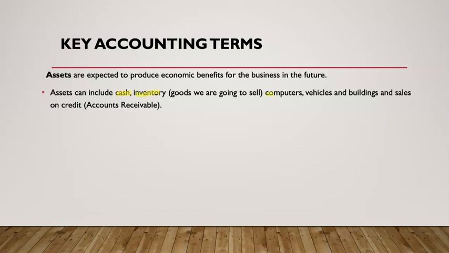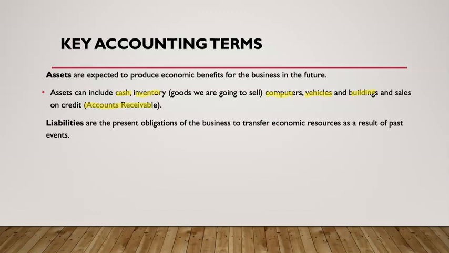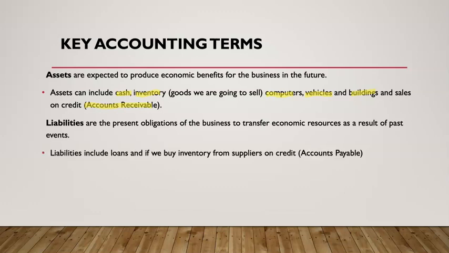And then non-current assets like computers, vehicles, buildings, and all our sales on credit, which you might remember are called accounts receivable. Liabilities are obligations, and these are often loans, so loans from the bank or other people, and also if we buy inventory on credit, because we have an obligation to pay our suppliers at a later date.